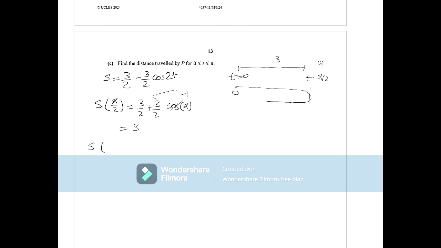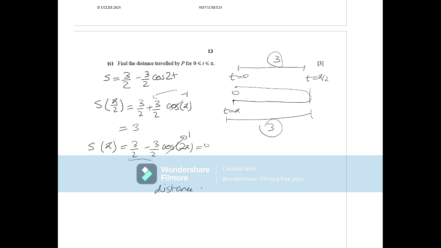Now I'll go for s of pi, which is 3 by 2 minus 3 by 2 cos 2 pi, and cos 2 pi is 1, so this is 0. The displacement is 0, which means it is over here at t is equal to pi. I know this distance is 3, so the total distance would be this plus this, and your distance is equal to 6.